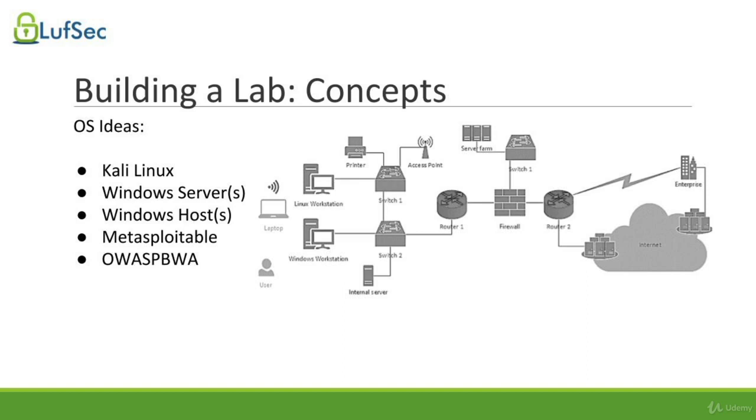If we logically place the Kali Linux box, the Windows servers and hosts, and the Metasploitable box, and connect all of the virtual network adapters on those virtual machines to VMnet1, they could all talk and work with each other, and we could keep that traffic isolated and off the production network.